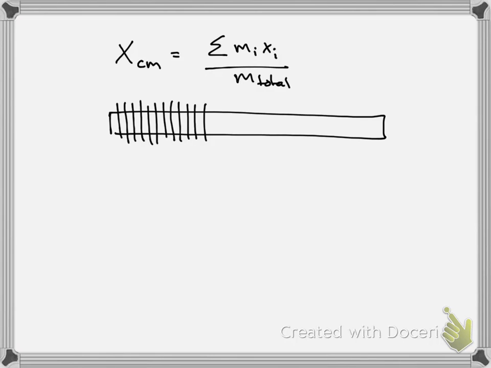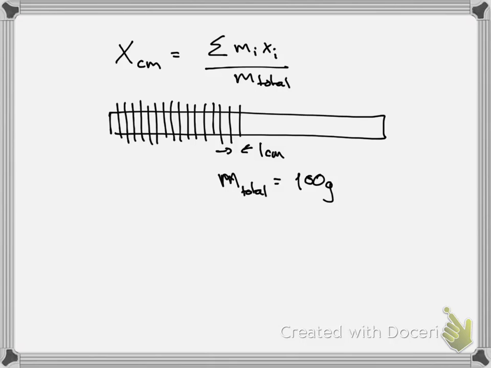Let's start with the meter stick, the easy one. We can say a meter stick is made up of a bunch of point masses. A point mass is something that takes up no space, but we can approximate it, and break up the meter stick into, let's say, 100 one-centimeter-long pieces. Let's say the total mass of the meter stick is 100 grams.